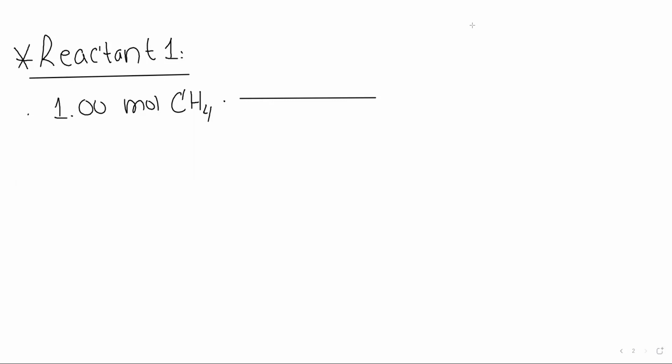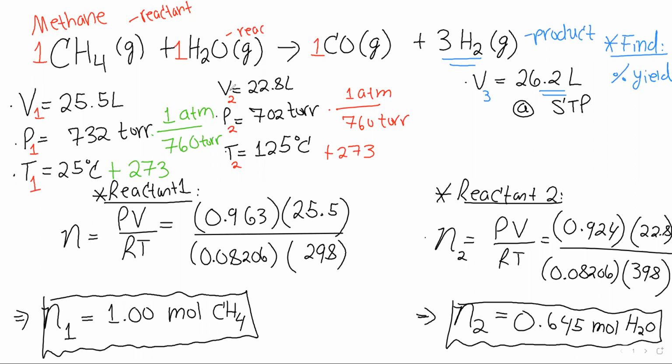To convert from moles of one substance to moles of another, we use the stoichiometric coefficients from the balanced chemical equation. Notice that the chemical equation is balanced, so I can say there's 1 mole of methane to every 3 moles of H2. Let me just clean this up a bit.